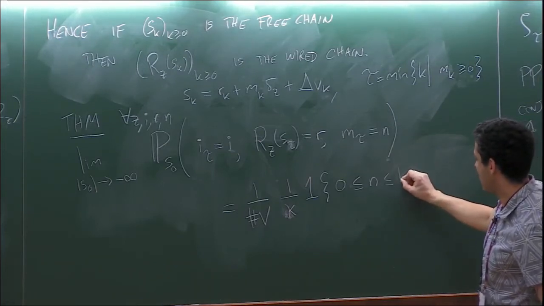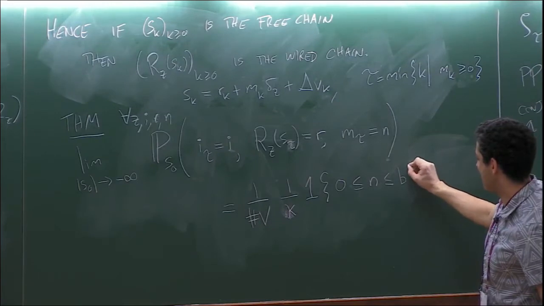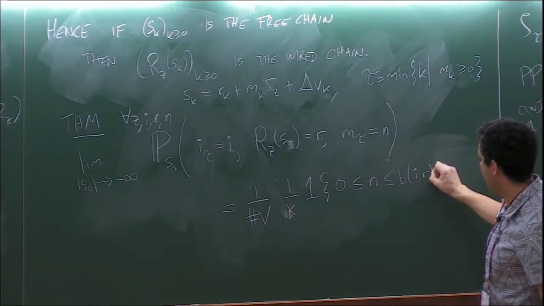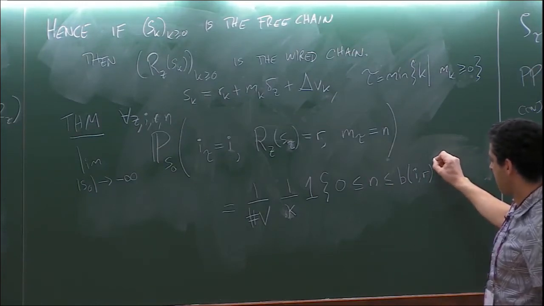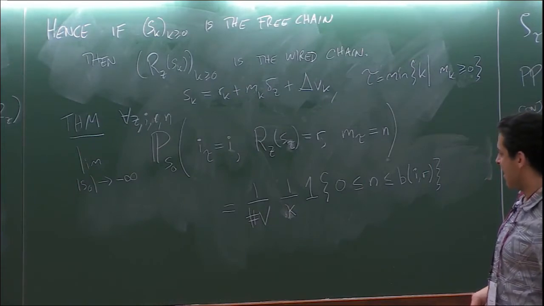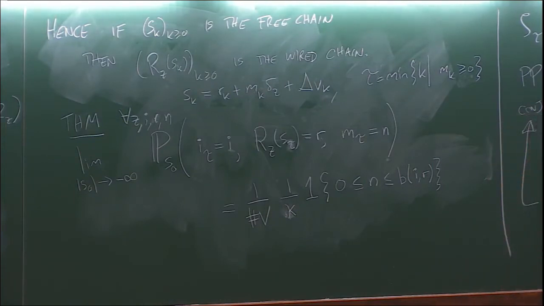Let's just give it a name, B of IR. And I need a, let's see, do I need a constant? I guess the constant turned out to be 1. Okay, so this is the full statement, to tell you what B is.